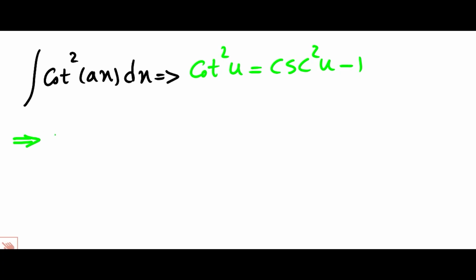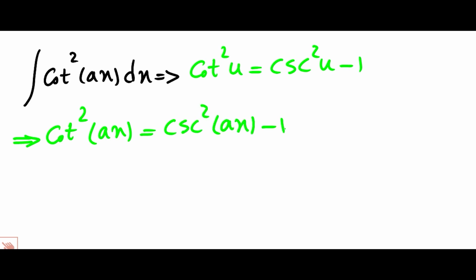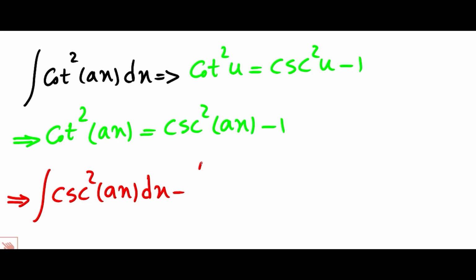So cotangent squared of ax equals cosecant squared of ax minus 1. So we have the integral of cotangent squared of ax dx equals the integral of cosecant squared of ax dx minus the integral of 1 dx.